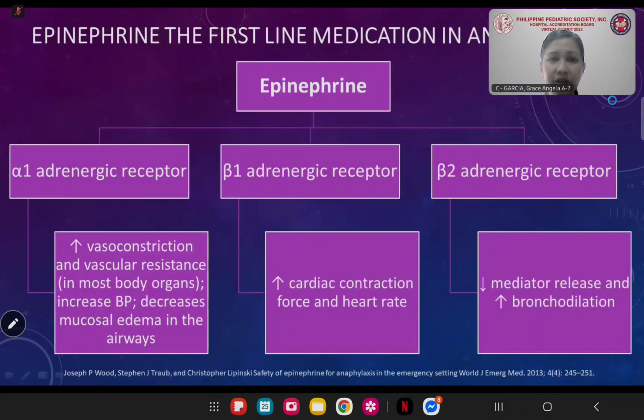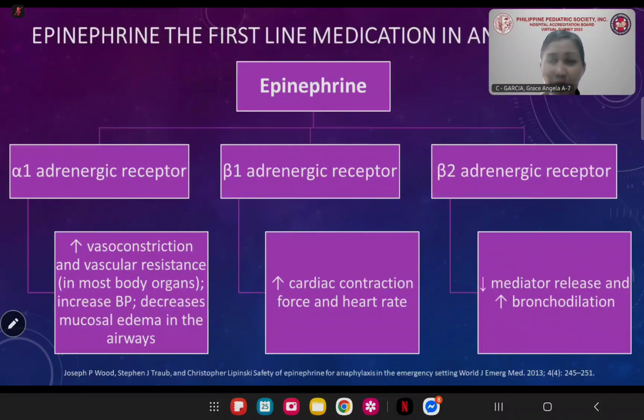So why is epinephrine the first line medication in anaphylaxis? It acts on your alpha-1 adrenergic receptor, your beta-1 adrenergic receptor, and your beta-2 adrenergic receptors. So these would increase your vasoconstriction and vascular resistance, increase blood pressure, and decrease mucosal edema in the airway. It also increases your cardiac contraction force and heart rate, and decreases mediator release, and causes bronchodilation.